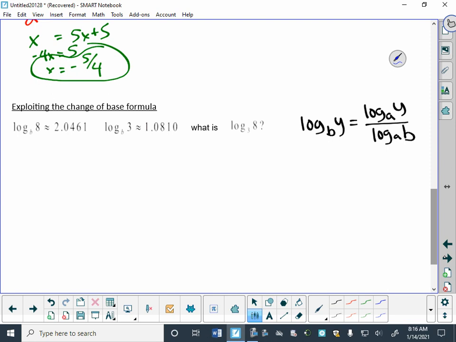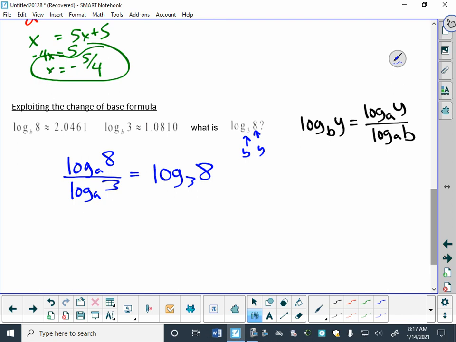Well, if I said this was my b and this was my y, and I tried to plug them in over here, it would say I can do the log base a of y, which is 8, over the log base a of 3, which is my b. So this should be equal to the log base 3 of 8 according to the change of base formula.